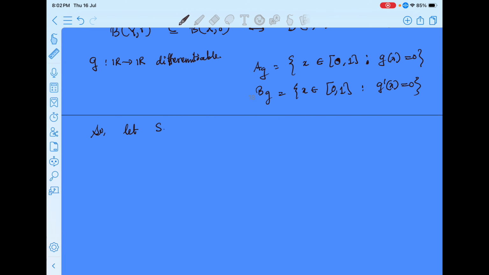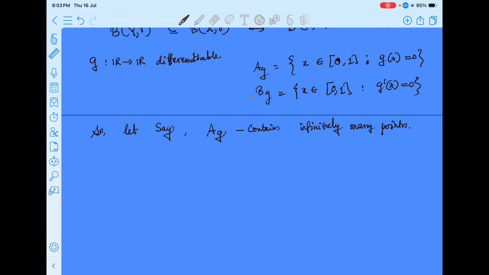So let's say AG contains infinitely many points. Okay. AG contains infinitely many points.